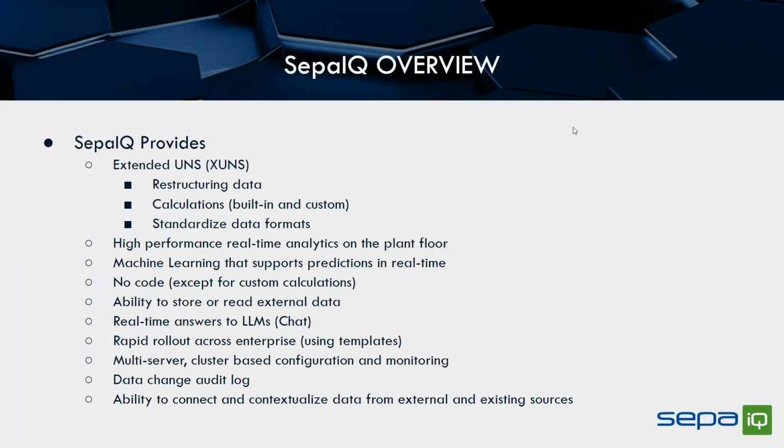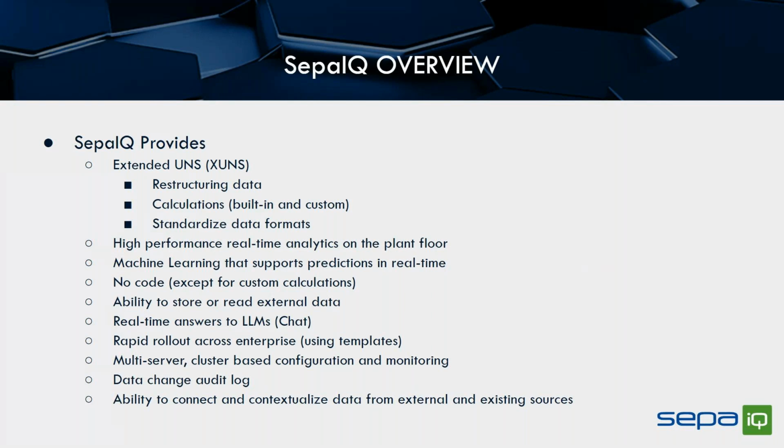Okay. So what functionality in SepaIQ did we use to be able to do this in a low code manner here? We use what we're calling extended UNS. UNS is a really good idea. It organizes your structure, your data, and has metadata with it. It has all these benefits, really good. But you need to extend that, we found. We want to contextualize the data.